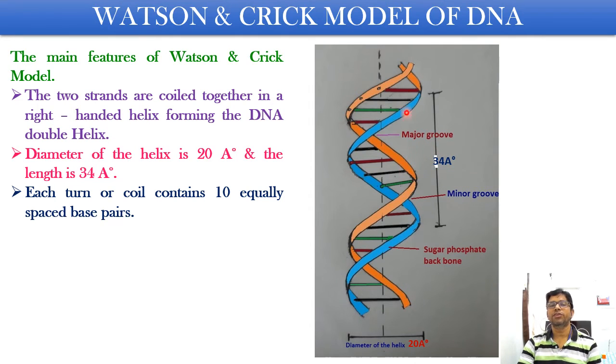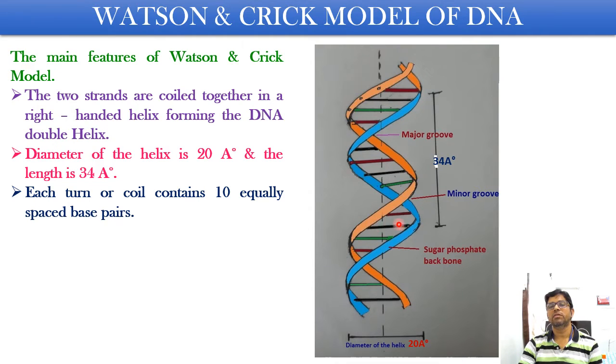Each coil contains 10 equally spaced nitrogen base pairs. Here you can see this is a nitrogen base pair step, and this is another base pair step, one more base pair step. So base pairs are arranged like steps in a ladder between the two strands of polynucleotides of the DNA molecule.